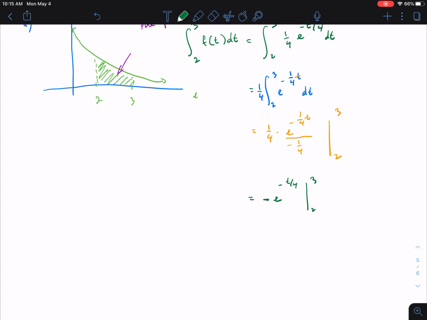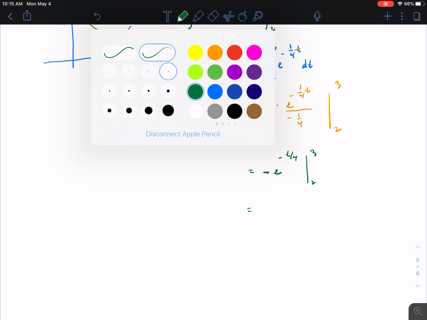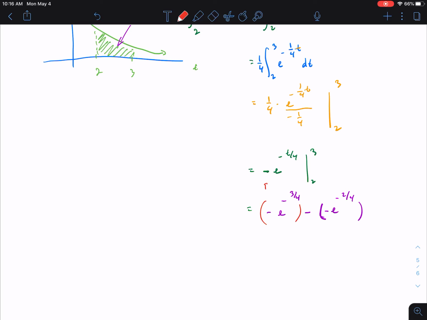Using the fundamental theorem of calculus, we do negative e to negative 3/4 minus negative e to negative 2/4. This is F of b, and this is F of a.